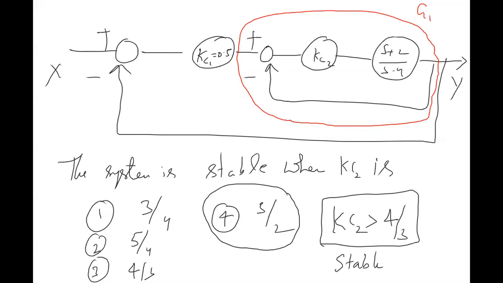What is 5 by 4? 1.25. It is less than 4 by 3, so unstable. At 4 by 3, the system is not stable, not unstable, not verge of stability. It is just at 0. So the answer is 3 by 2, not, let's say, 4 by 3.